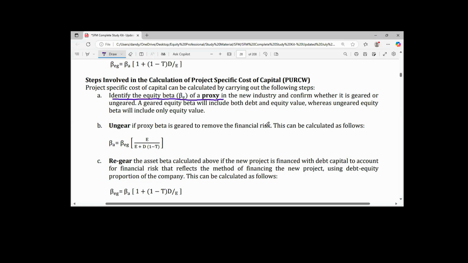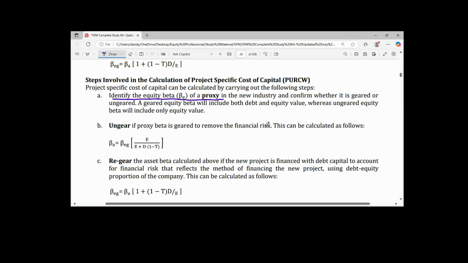So if the beta of the proxy company is already geared, you need to remove it. Therefore, one thing you should ask is, how would you know that the beta is geared? I've already explained that, but I will explain again. A geared beta is the one in which the proxy company has debt in its capital structure. I repeat again.